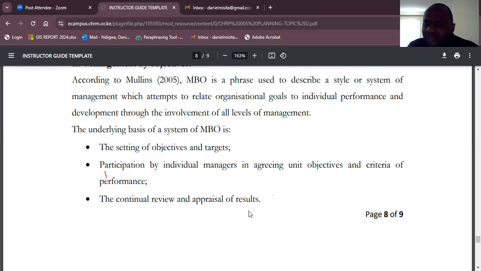The essence of appraising is a one-on-one interaction with the people who have been given the responsibility to achieve these activities. So appraisal is very critical, and most organizations have come up with a framework of appraising their employees.